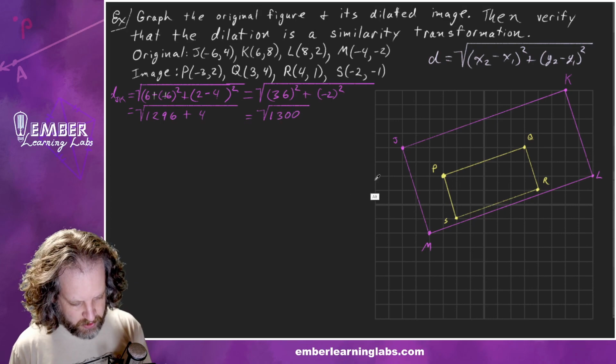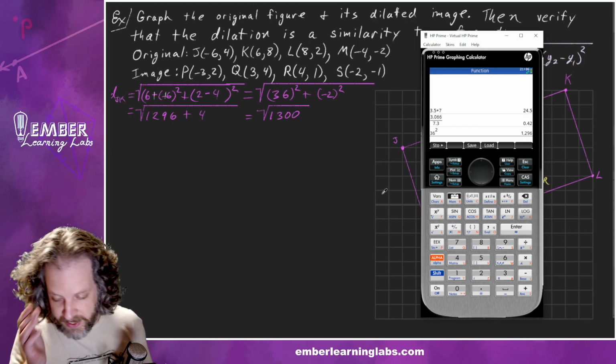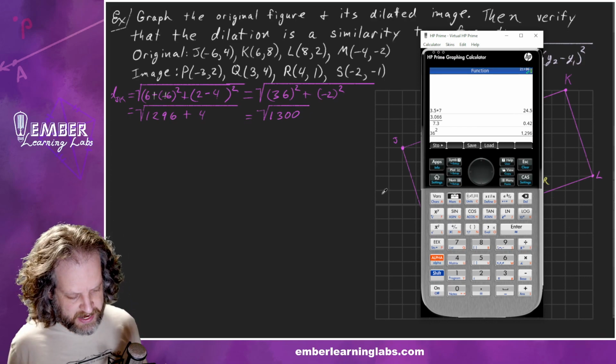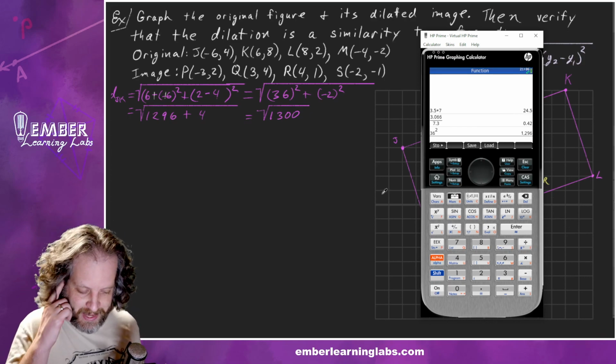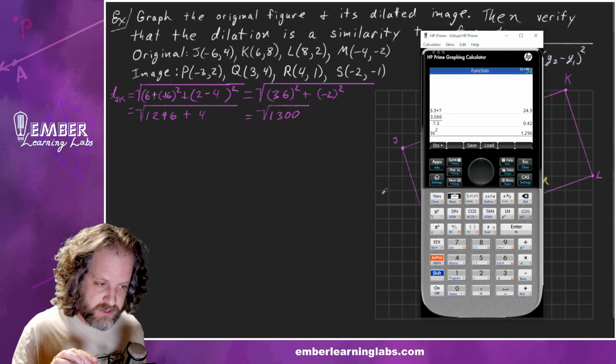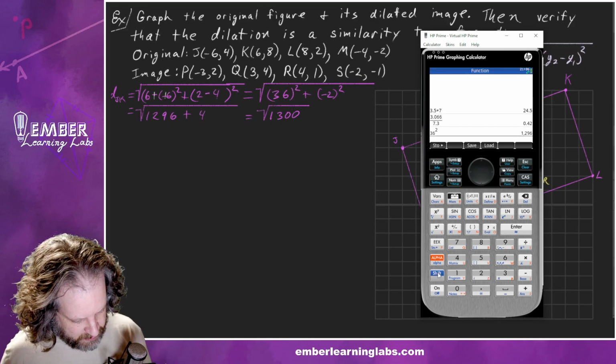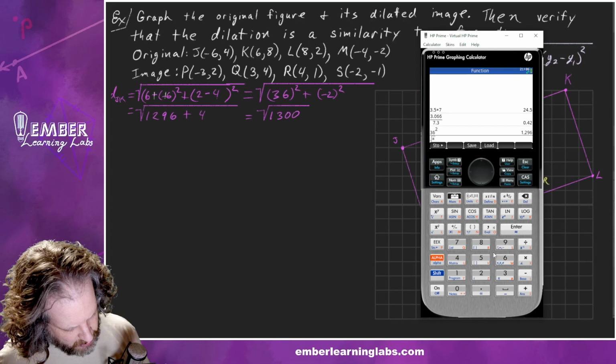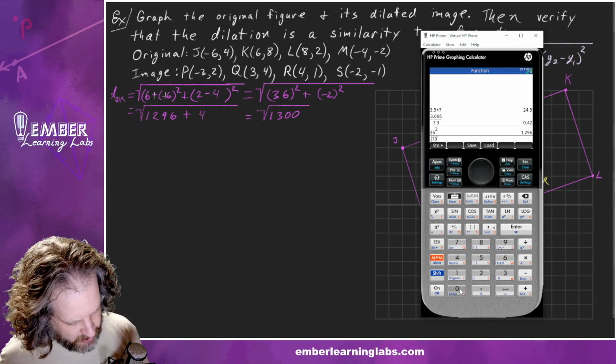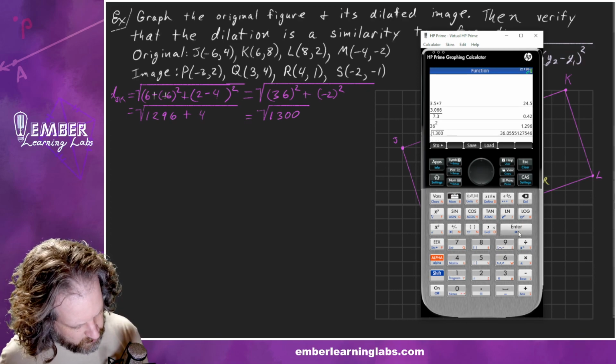Now, on all the scientific calculators that I recommend for this class, they will be able to do a reduced radical form for you. And so let me show you what I mean. So if I hit second square root of 1,300 and hit enter.